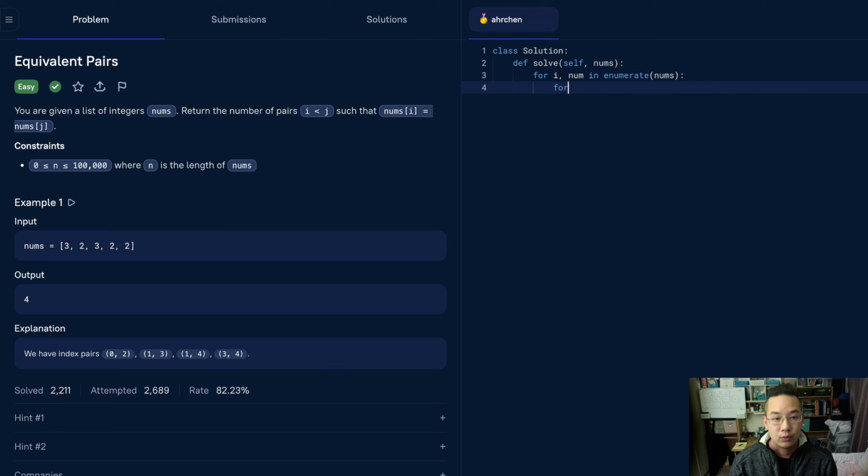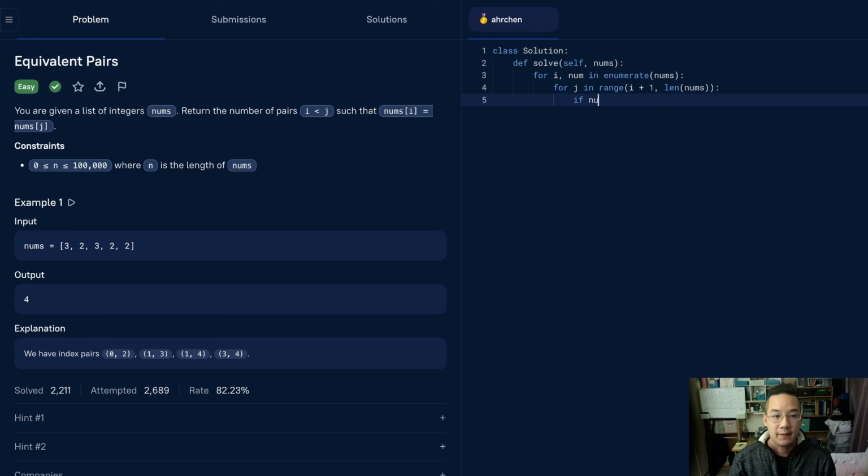And then we can do for j in range, starting at i plus 1, so we don't count the same thing twice, and then go all the way up until the length of nums. And that should give us our answer.